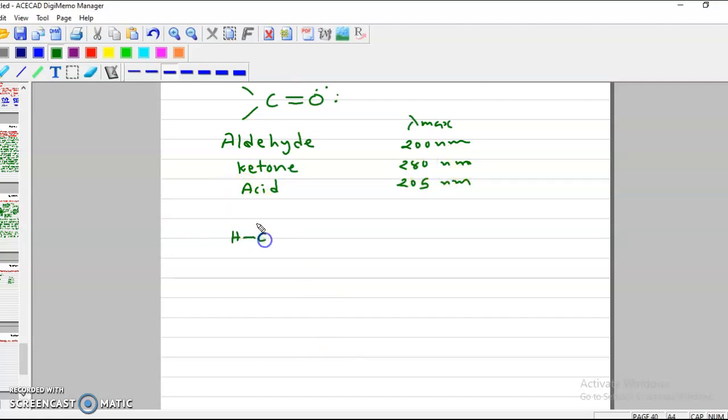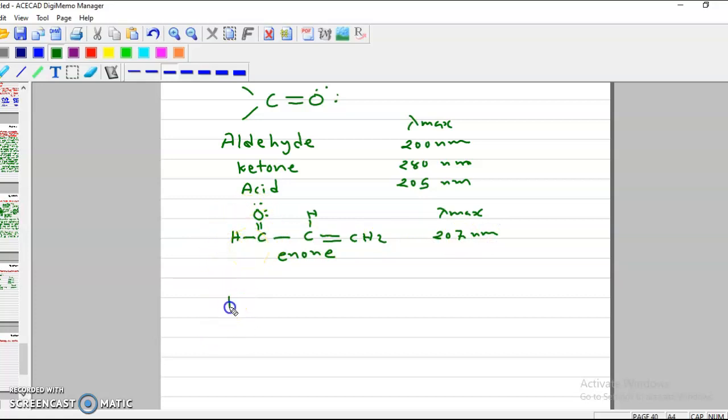Now if we take this example, HC single bond CH double bond CH2, then we have C double bond O as well as C double bond C. So this is known as an enone system, and absorption is about 207 nanometer because the carbonyl group has hydrogen over here.